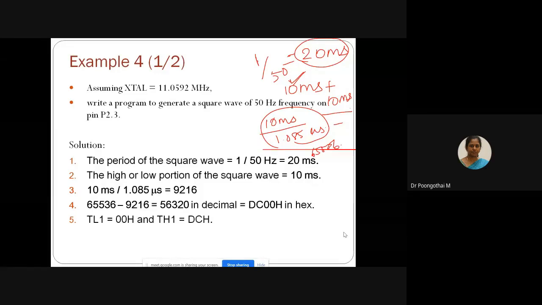Start your timer, monitor your overflow flag and complement P2.3. Once your overflow flag is set to 1, stop the timer and clear the overflow flag. Write an assembly code to generate a square wave of 50 hertz frequency on pin P2.3.